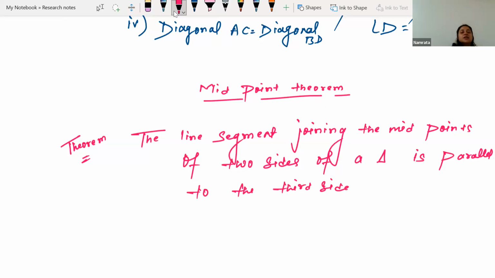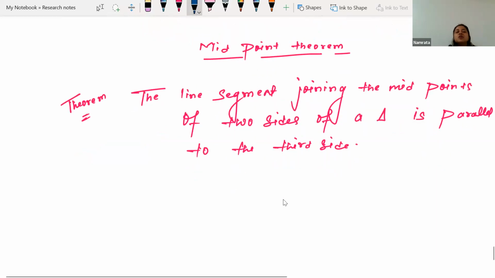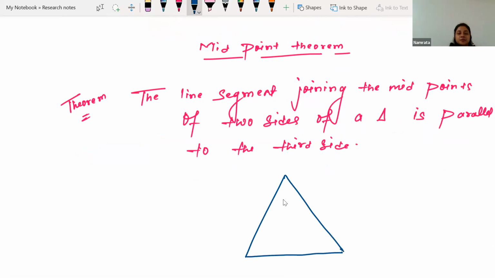Let's try to understand this theorem, then we will also be discussing the converse of this theorem. So the theorem says the line segment joining the midpoint of two sides of a triangle. We are having a triangle. Now the line segment joining the midpoint of two sides.